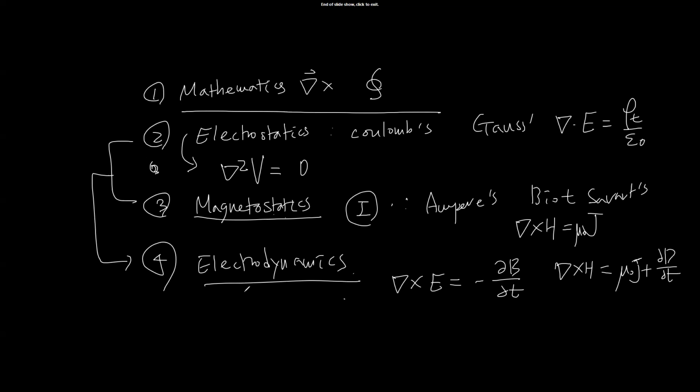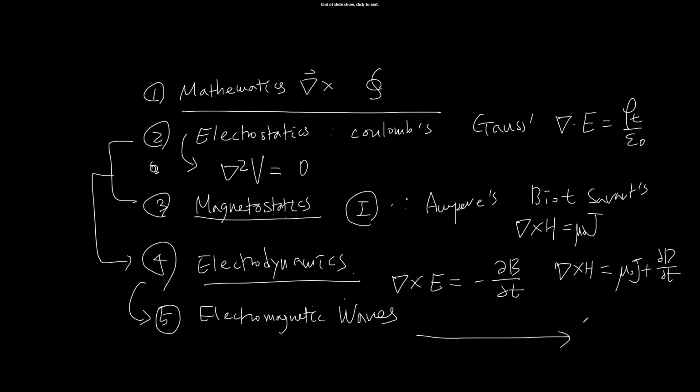So in electrodynamics, we learned the full Maxwell's equations. And with full Maxwell's equations, we jumped onto electromagnetic waves, right? We learned that Maxwell's equations satisfy a wave equation for the electric field and magnetic field, and how the electromagnetic wave looks when it propagates along the k direction: the electric field and magnetic field are perpendicular to each other.